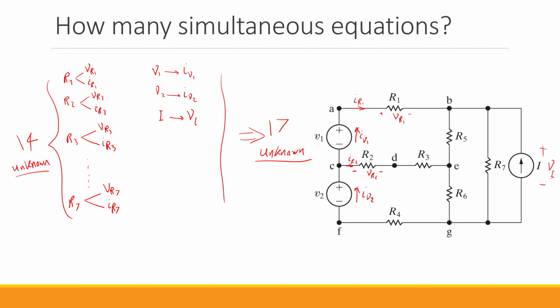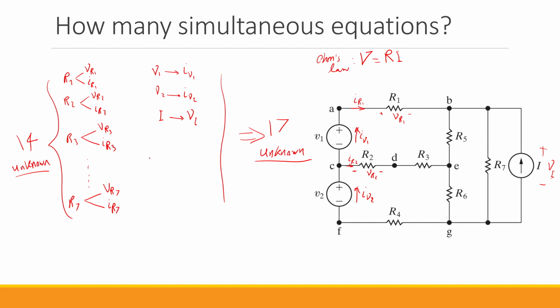If we know, for example, the voltage, we can simply use Ohm's law to come up with the current. Or if we know the current, again we can use Ohm's law to come up with the voltage. You remember, the voltage for the resistor was the resistance multiplied by the current. That was Ohm's law. Because of that, the number of equations that we need to solve simultaneously gets reduced.